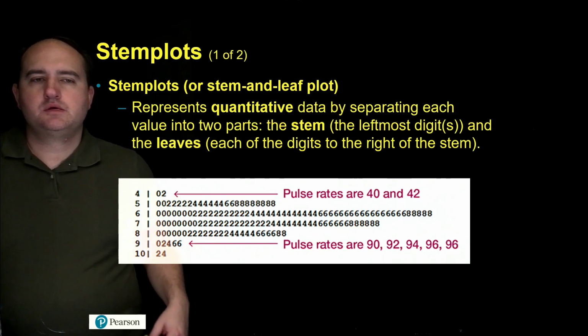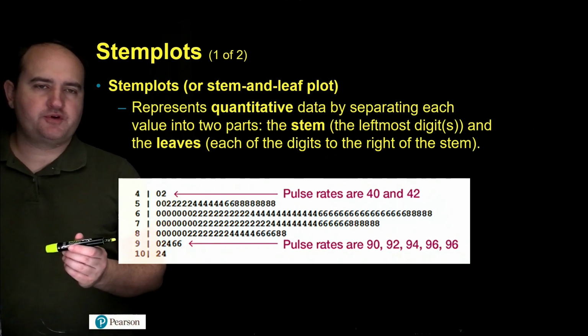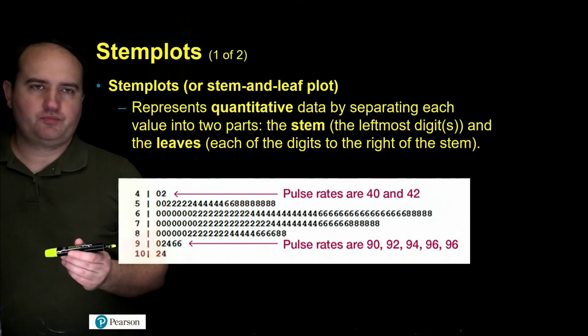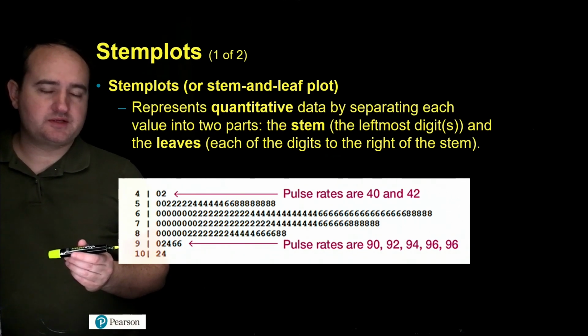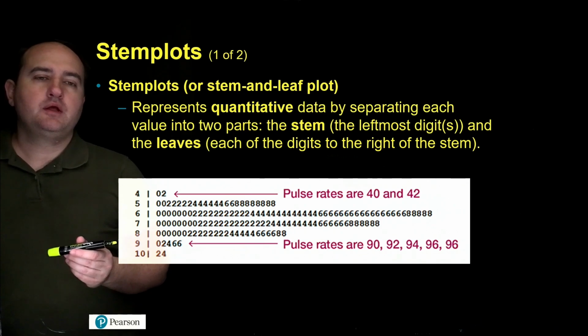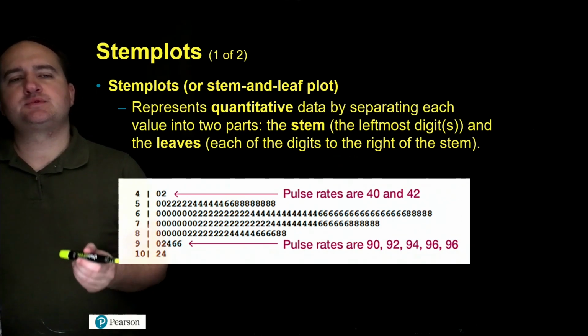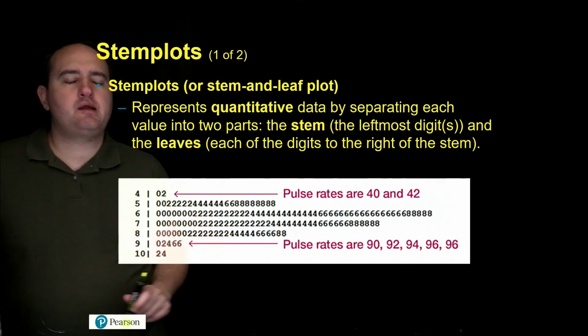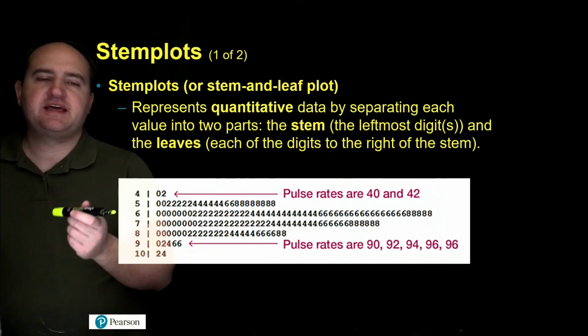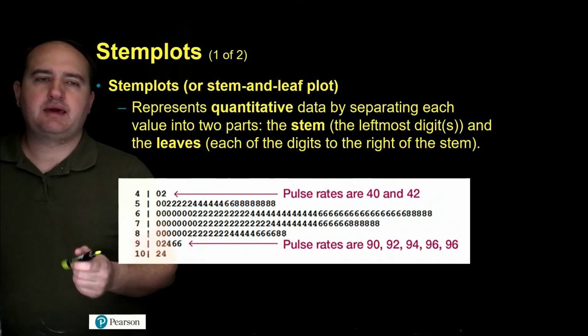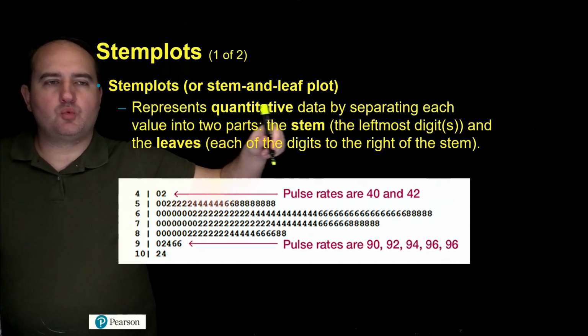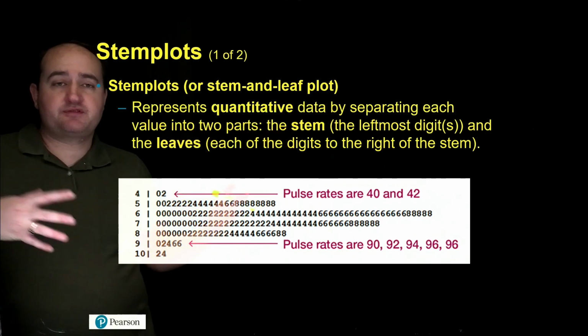Down here, for example, at the 9, our stem is 9, the number on the left. Keep in mind that the stems on this particular stem plot represent the tens digit, and the leaves represent the ones digit. It doesn't always have to be that way, though.